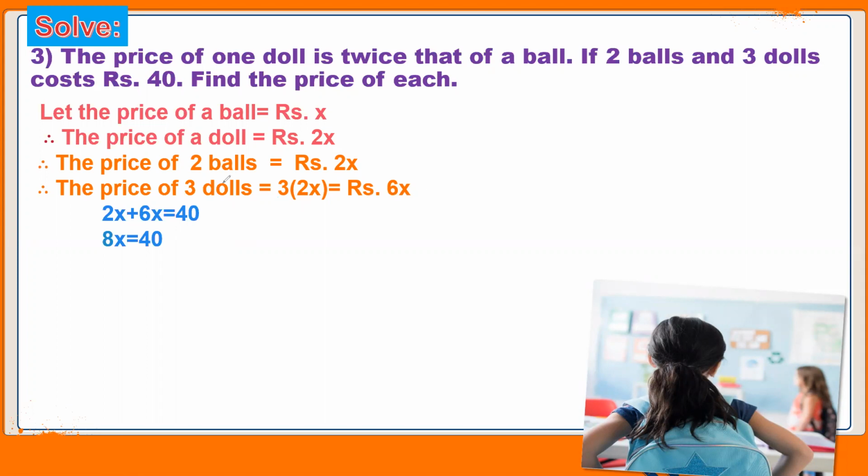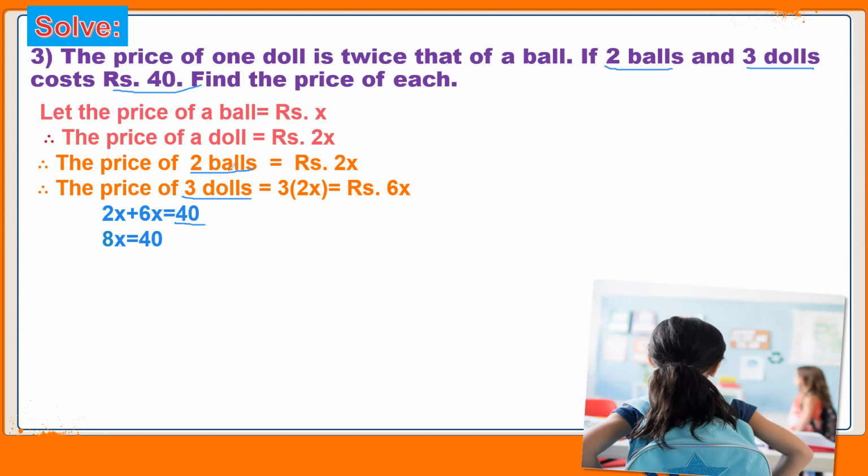Is it clear? So what is written is that 2 balls and 3 dolls cost rupees 40. That means the price of 2 balls plus the price of 3 dolls is rupees 40.